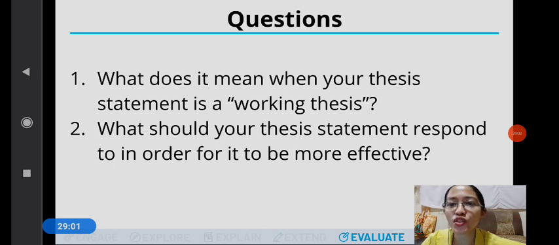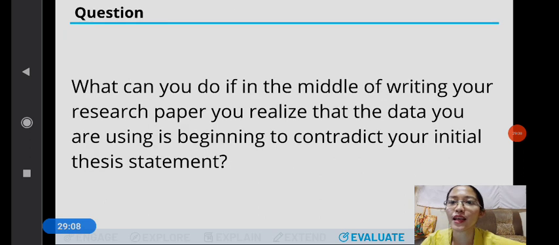Second, what should your thesis statement respond to in order for it to be more effective? And what can you do if, in the middle of writing your research paper, you realize that the data you are using is beginning to contradict your initial statement? Okay? You have to do these activities and pass them as your essay assignment this week. Okay.